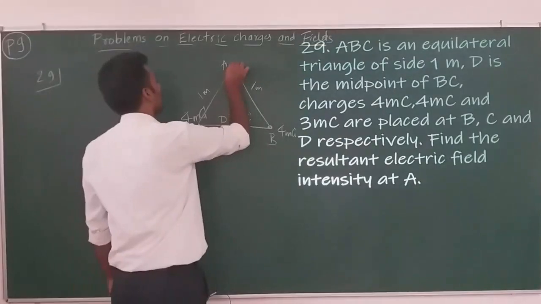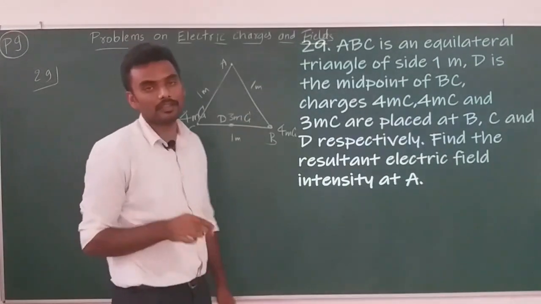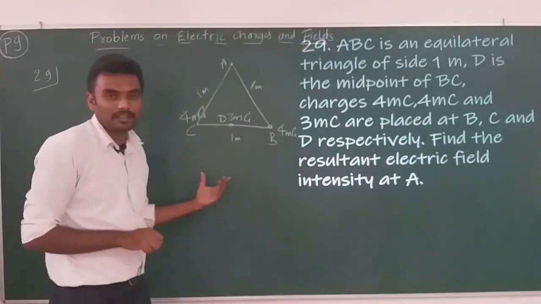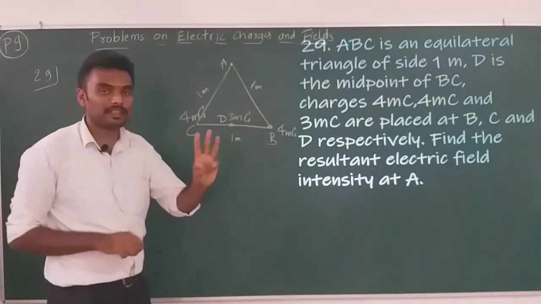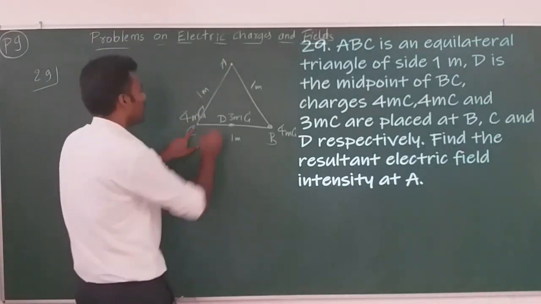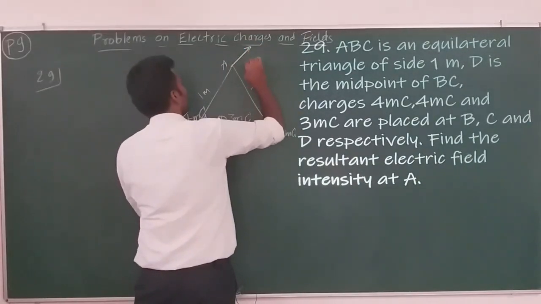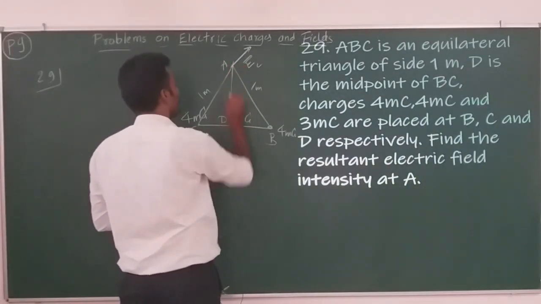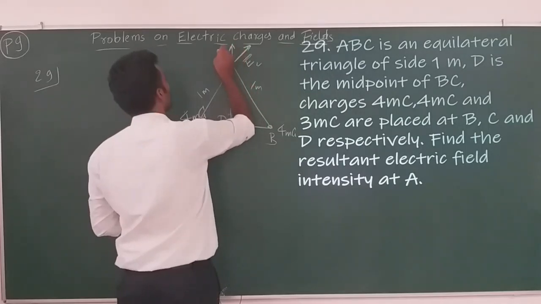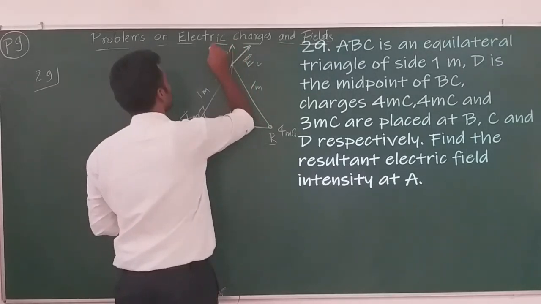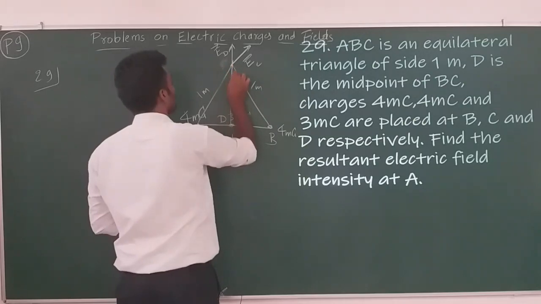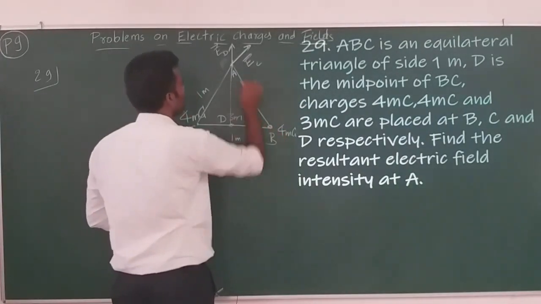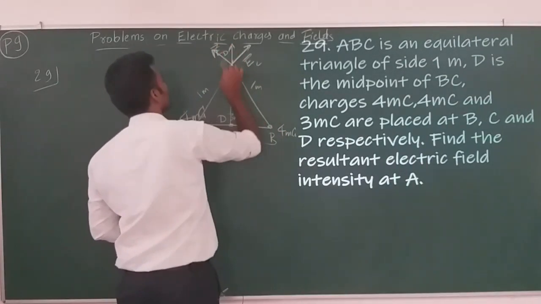So at point A, what is the resultant electric field intensity? This has to be found now. So here, how many electric fields are there at point A? There are 3 electric fields, right? One from point C, which I'll represent like this, EC, and the other from point D, which I'll represent as ED. Okay, this is point A. And one more electric field due to the charge at B, which will be like this.